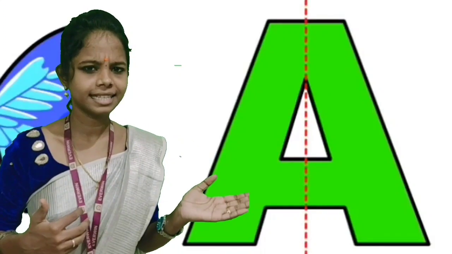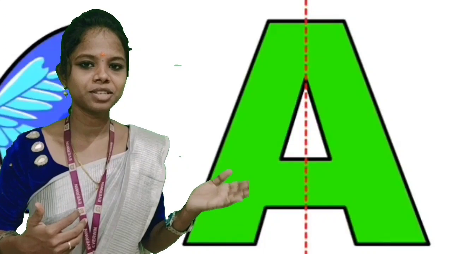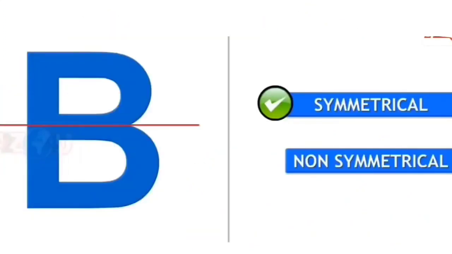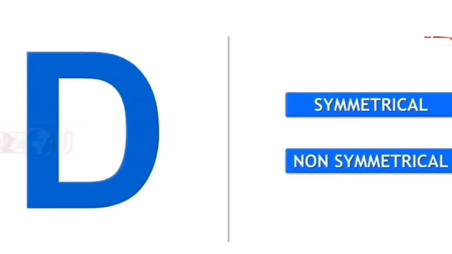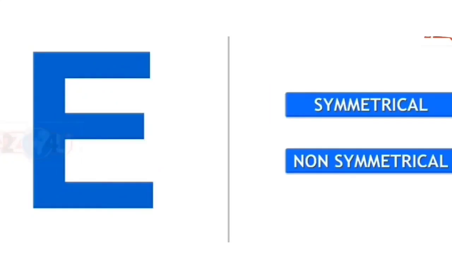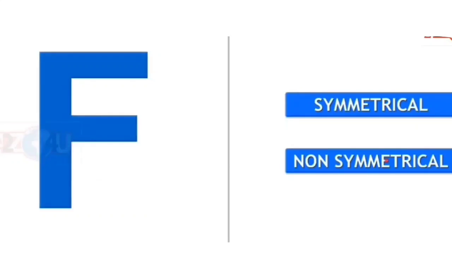So shall we see which letters are symmetric and which letters are non-symmetric? Yes. B. Yes, symmetrical. C. Symmetrical. D. Symmetrical. E. Symmetrical. F. Non-symmetrical.